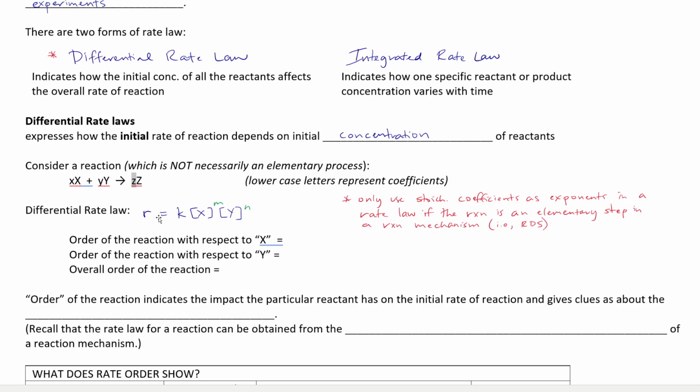In the differential rate law, we're using the concentration of the reactants raised to some exponent, and that's the exponent that we are going to use experimental data to find.